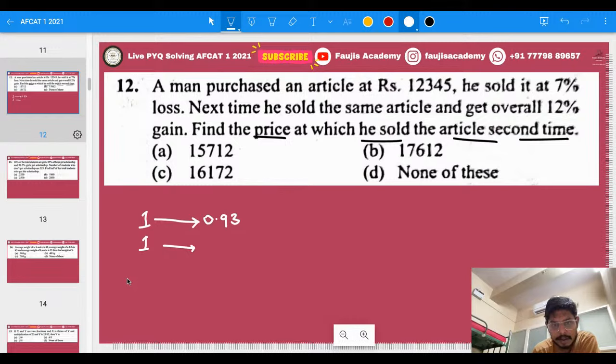Okay, so the next time his total cost price is like 2, right? And net he is getting 12% profit. That means out of 2 rupees, if he is getting 12% profit, it was sold at 2.24 rupees, right? It was sold at 2.24 rupees, right, guys?